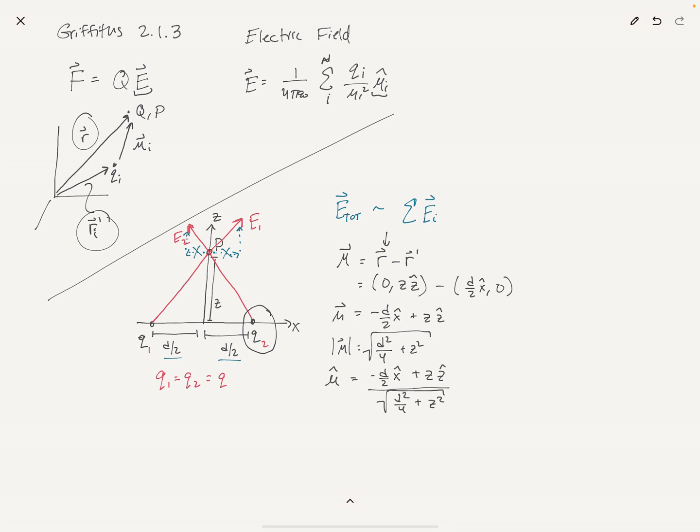Okay, so now I can write E from the right. I missed some combining notations here, I apologize. So this electric field that's generated by the right charge is now minus d over 2 x hat plus z hat over the square root of d squared over 4 plus z squared, times q over 4 pi epsilon naught on the bottom.